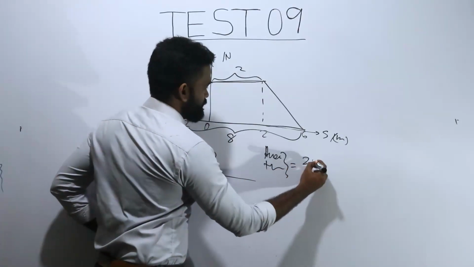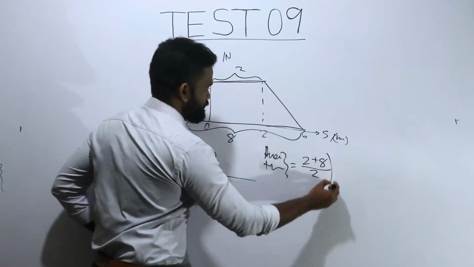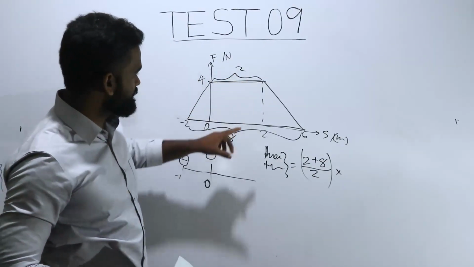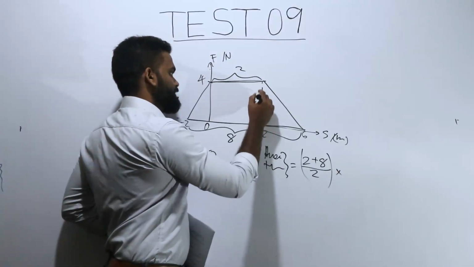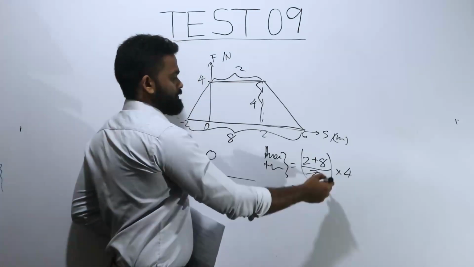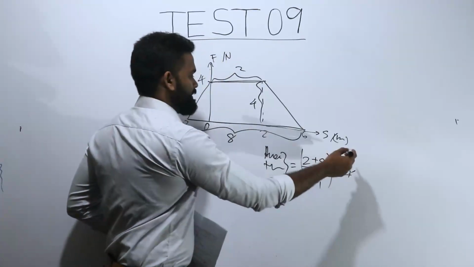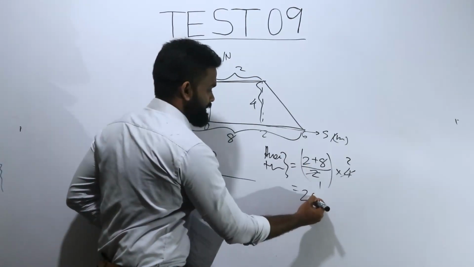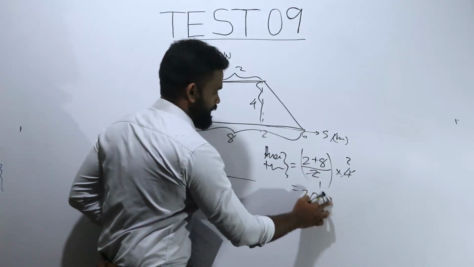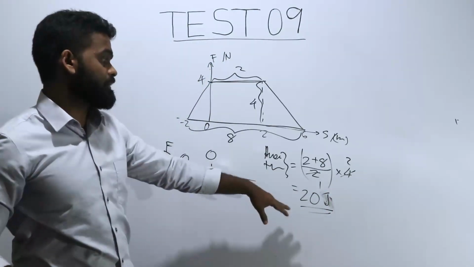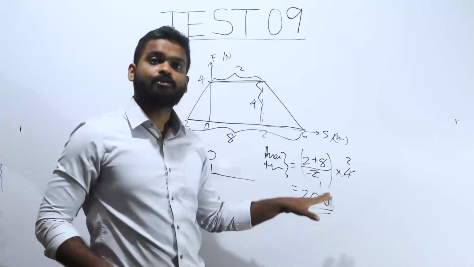So the sum is 2 plus 8, divided by 2, multiplied by the height between the parallel lines. The height between the parallel lines is 4. So 10 times 2 is 20. So this should be 20 Newton meters, so 20 joules.